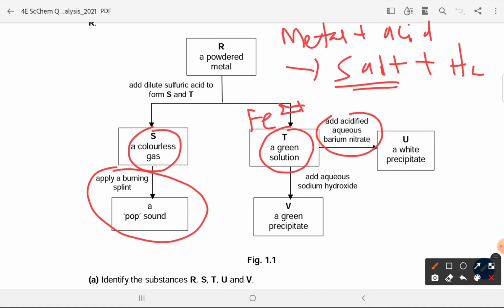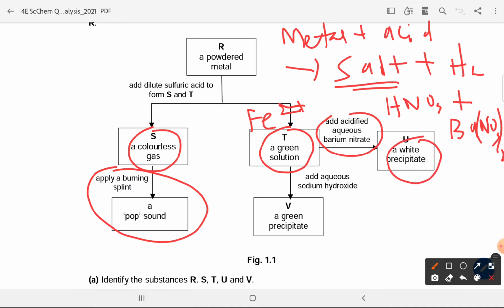Acidified aqueous barium nitrate means you add dilute nitric acid first, followed by barium nitrate, and then you get a white precipitate.